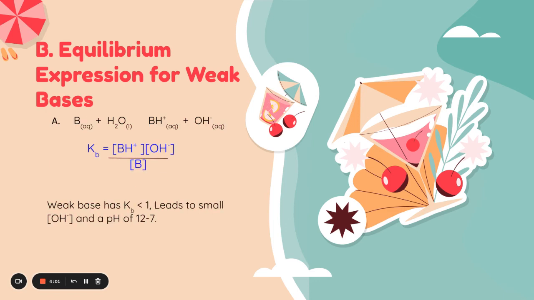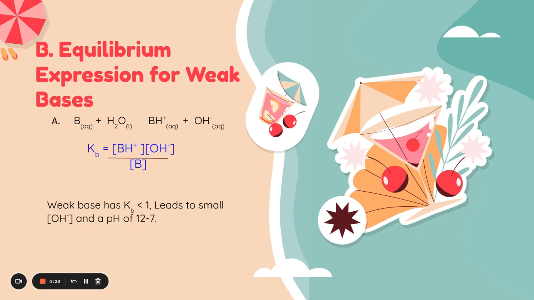And then for a base, there's an arrow missing there in the reaction. Sorry about that. But it's the products over the reactants again. It's whatever the positive ion is for the base and the hydroxide ion being produced. So those go in the numerator and then the base goes in the denominator.